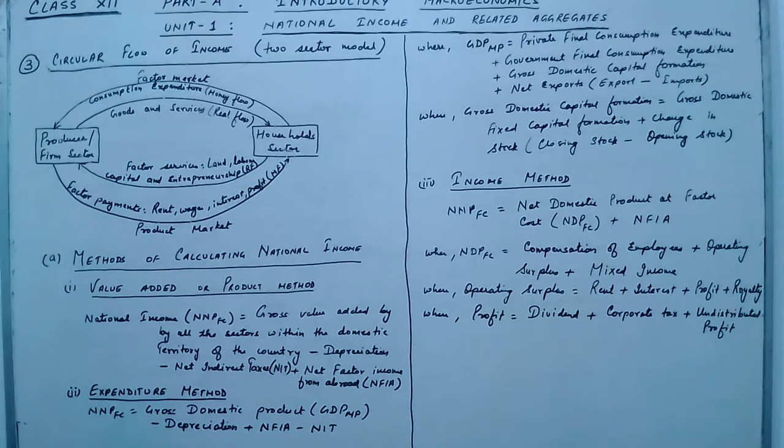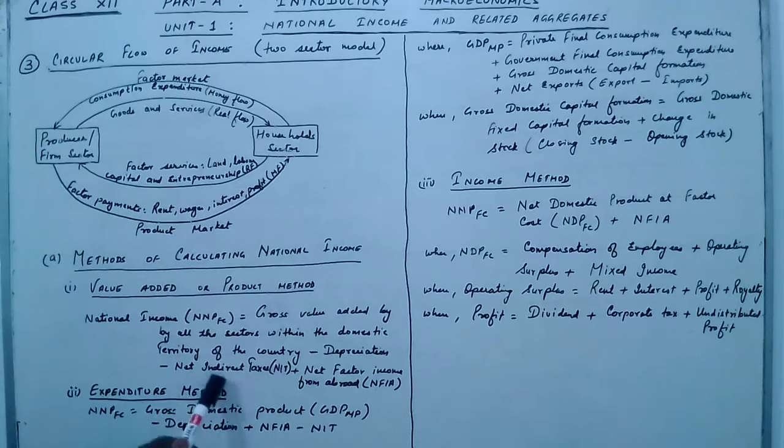All the sectors means there are three sectors of the economy: primary sector, secondary sector and tertiary sector. So the value added by all these three sectors within the domestic territory of the country, minus depreciation, that is the loss due to the wear and tear of the fixed assets.